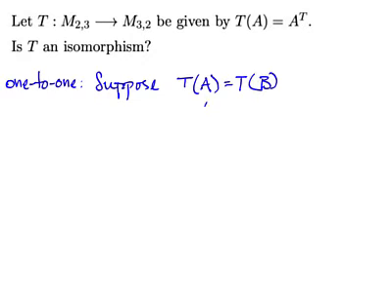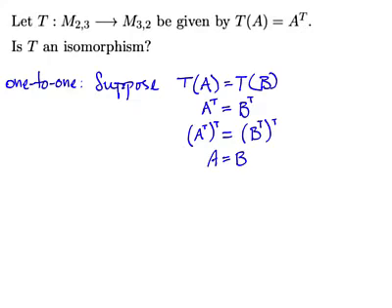Well, T of A is just the transpose of A, and T of B is the transpose of B. So using the properties of transposes, I can take the transpose of each side, and those have to be equal. Well, A transpose transpose is just A, and the transpose of B transpose is B. So we've proven that A has to be equal to B, so it's a one-to-one linear transformation.